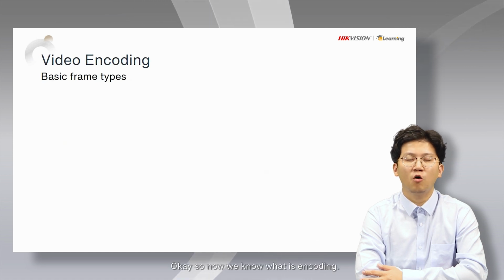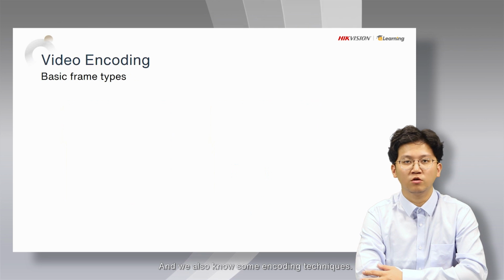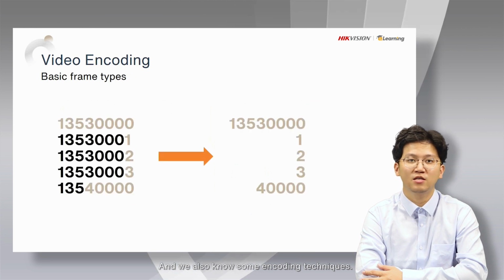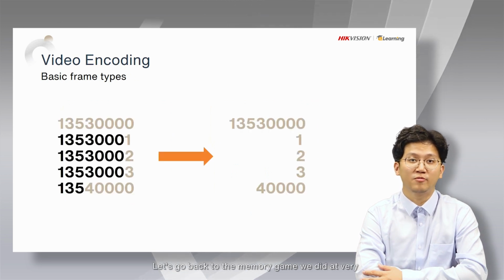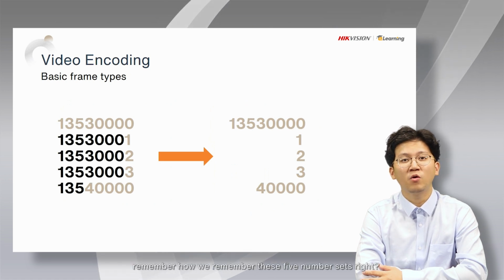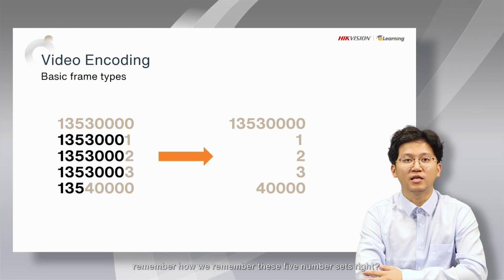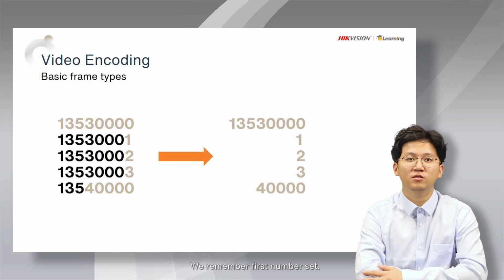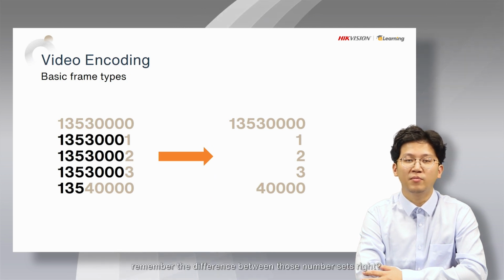Okay, so now we know what encoding is and we also know some encoding techniques. Let's go back to the memory game we did at the very beginning. I believe you still remember how we remembered these 5 number sets, right? Remember the first number set and then remember the difference between those number sets, right?